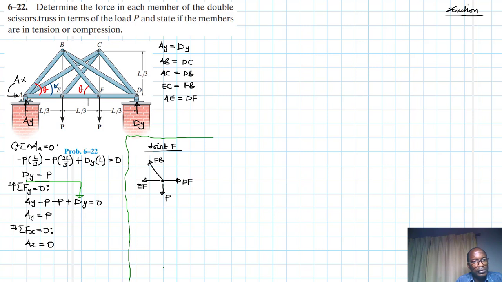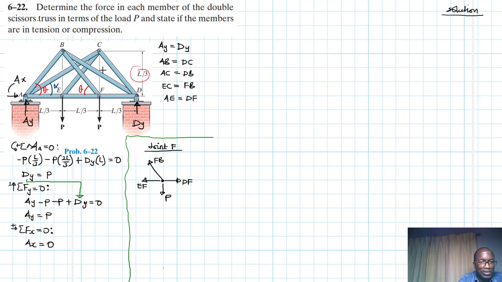So what is our theta equal to? Look at theta. Theta is equal to 45 because our EF is equal to L over 3 and the EB is also equal to L over 3.